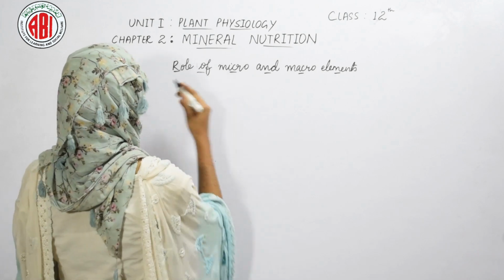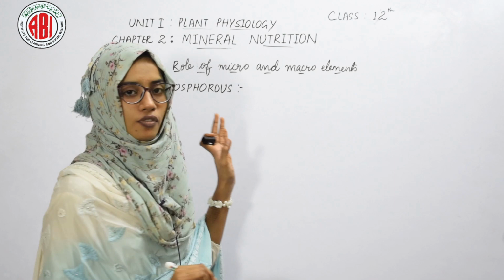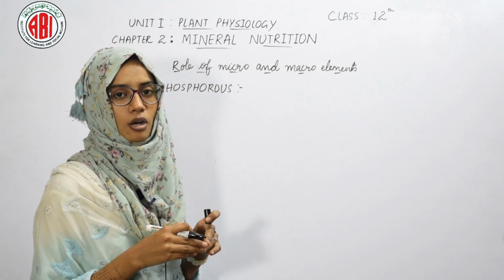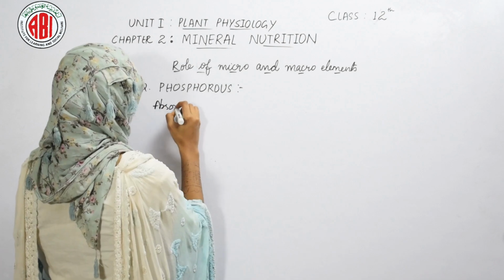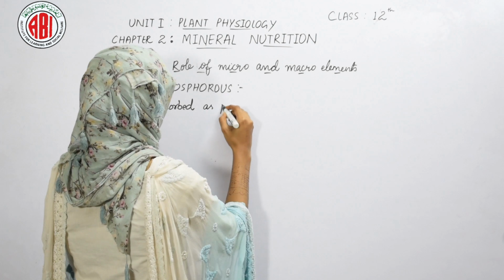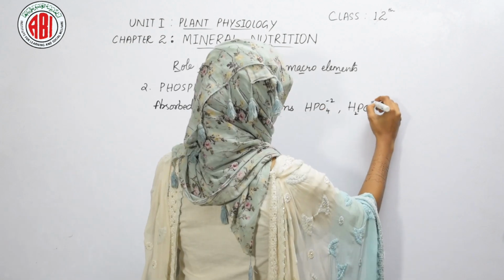Now let us discuss the second element, phosphorus. Phosphorus is also a macro element which is required in a large amount by the plants. Now this phosphorus is absorbed from the soil as phosphate ions, HPO4 minus to H2PO4 minus.